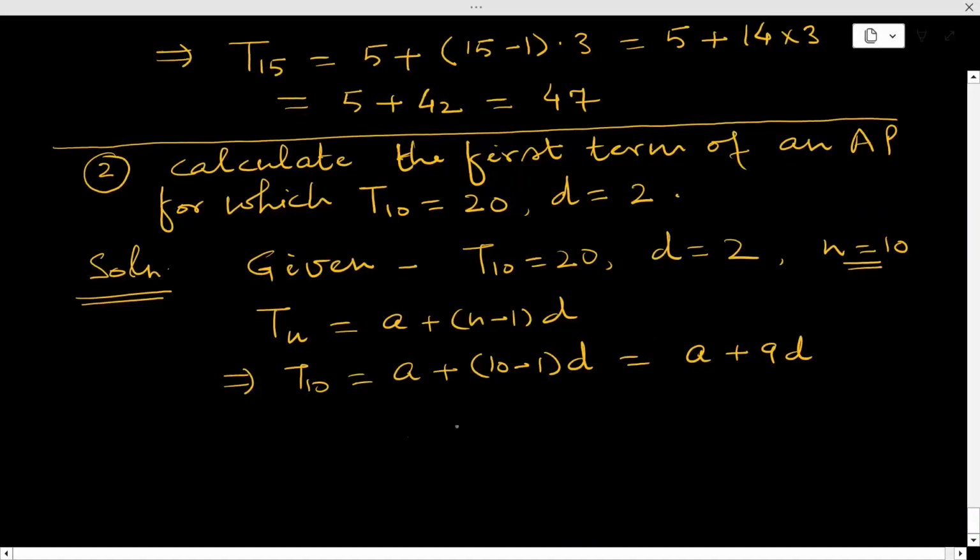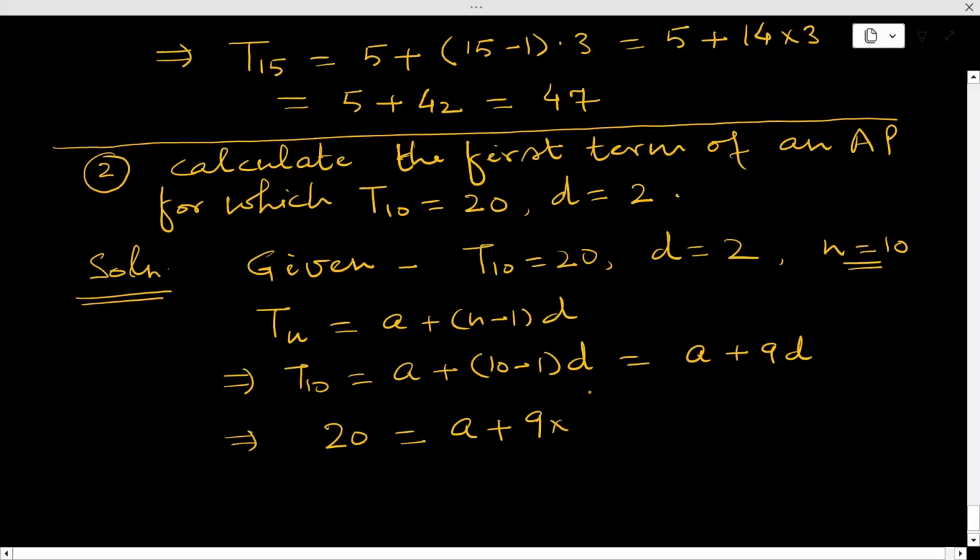So now here we are having the value of T10, which is 20. So this further implies, now we are putting the values here. T10 is 20 is equal to a, where a is the first term, which we have to determine in this problem. So this will be a plus 9d.